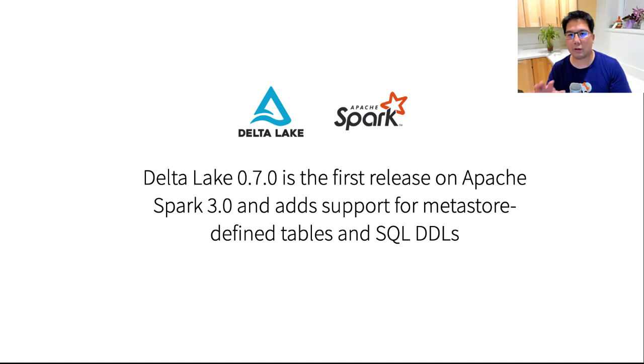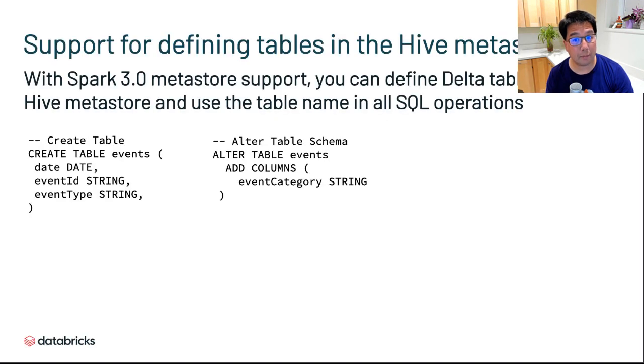So pause for a second. You'll recognize we were talking about Data Source v2 and the catalog APIs. Well, now they're going to kick in for what we're talking about next, even though we're talking about Delta Lake. So with Spark 3.0 metadata support, you can now define your Delta tables in the Hive metastore and use table names in all your SQL operations. So that's really good, okay?